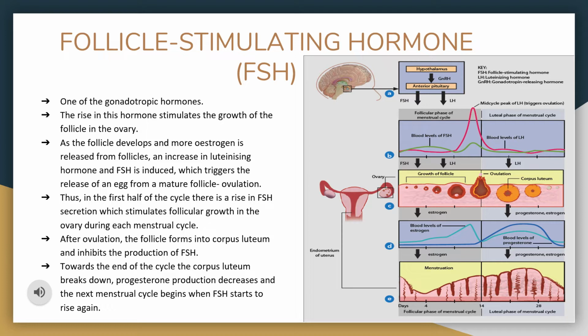After ovulation, the ruptured follicle forms a corpus luteum that produces high levels of progesterone. This inhibits the release of follicle stimulating hormone. Towards the end of the cycle, the corpus luteum breaks down, progesterone production decreases, and the next menstrual cycle begins when follicle stimulating hormone starts to rise again.